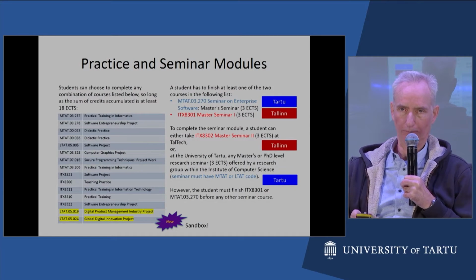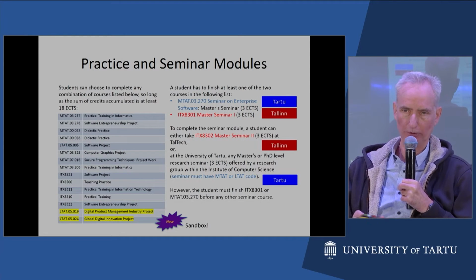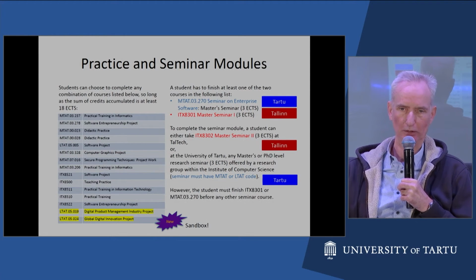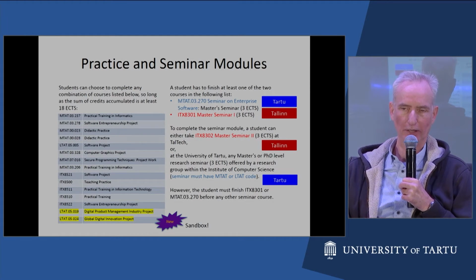Good. The practice and seminar modules are really very similar to what Eero said on the computer science program. On the left-hand side, you see a list of courses that you can take as part of the practice module. But in addition to that, any kind of defined and checked activity in terms of an internship could also count.